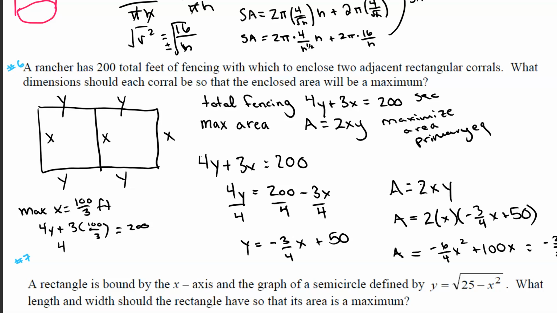So 4y plus 100 equals 200. So we've got 4y equals 100. Y equals 25 feet. So our dimensions are 25 and 100 divided by 3.